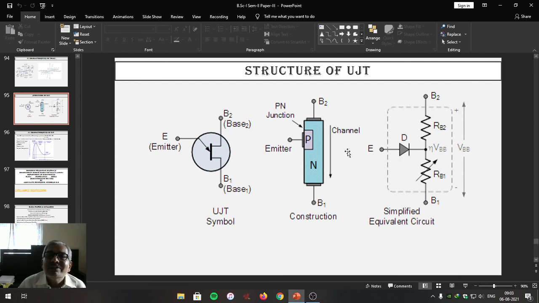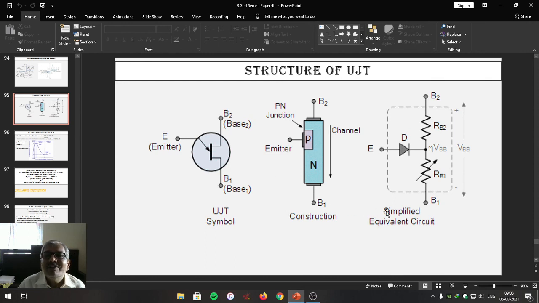Friends, that's all about the construction of UJT, the resistor equivalent circuit of UJT, and the circuit symbol of UJT along with its operation, its working, how it works, what is the meaning of negative resistance region, what is the peak point, what do you understand by valley point.